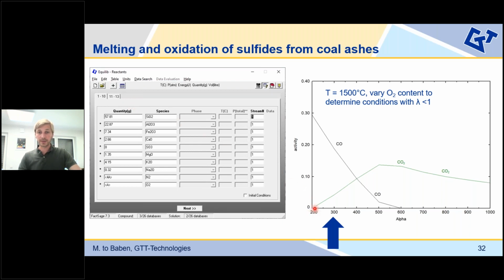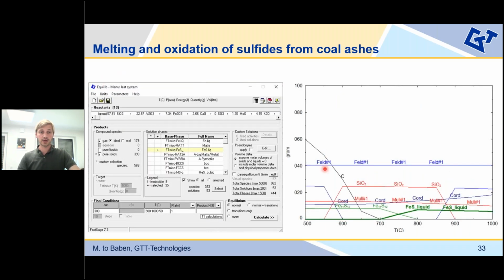Now I have fixed the lambda value by basically varying the amount of air that is entering the system, and then looking at the CO to CO2 ratio, and then I've arbitrarily chosen an amount of air that results in a rather high CO content in the gas stream.